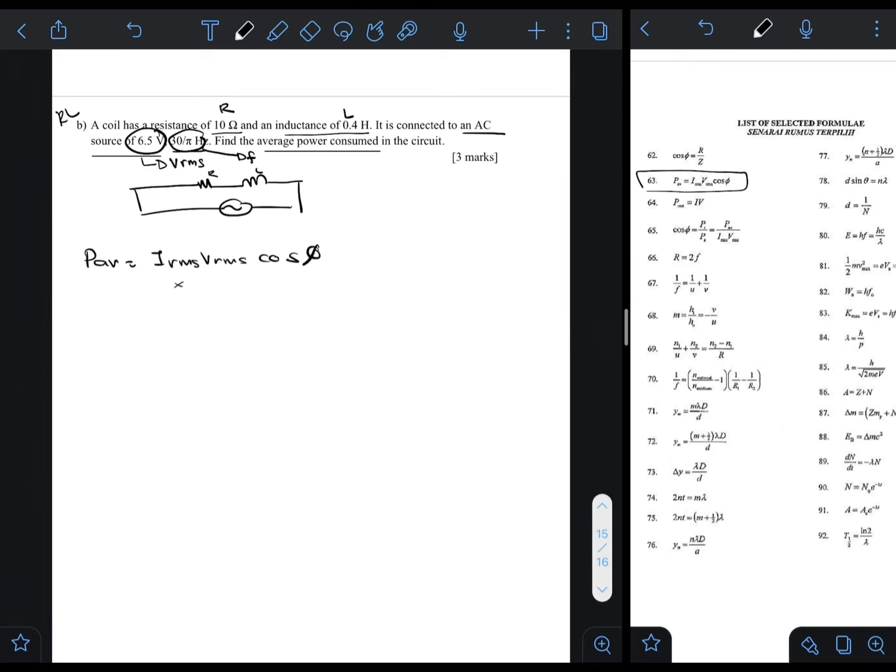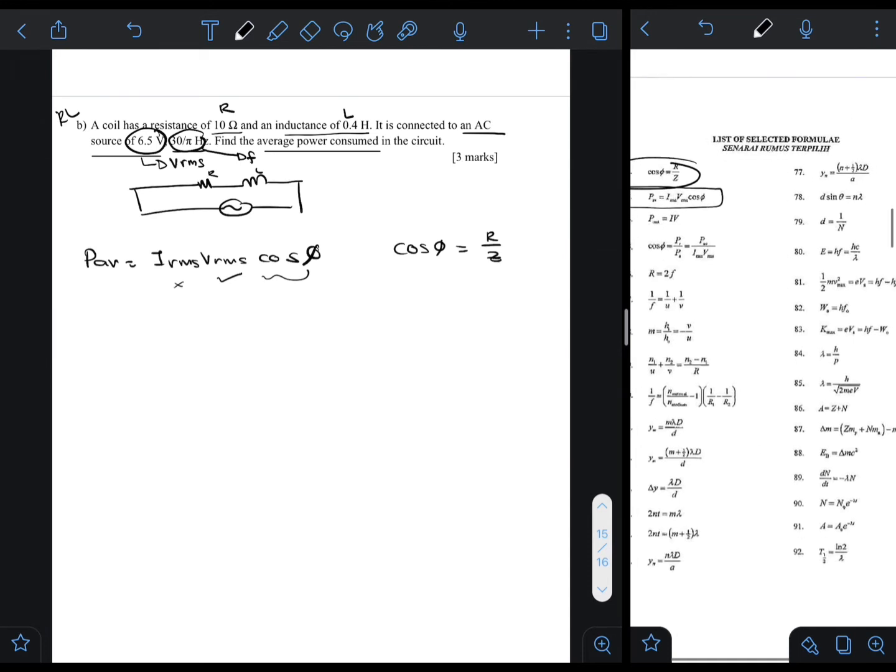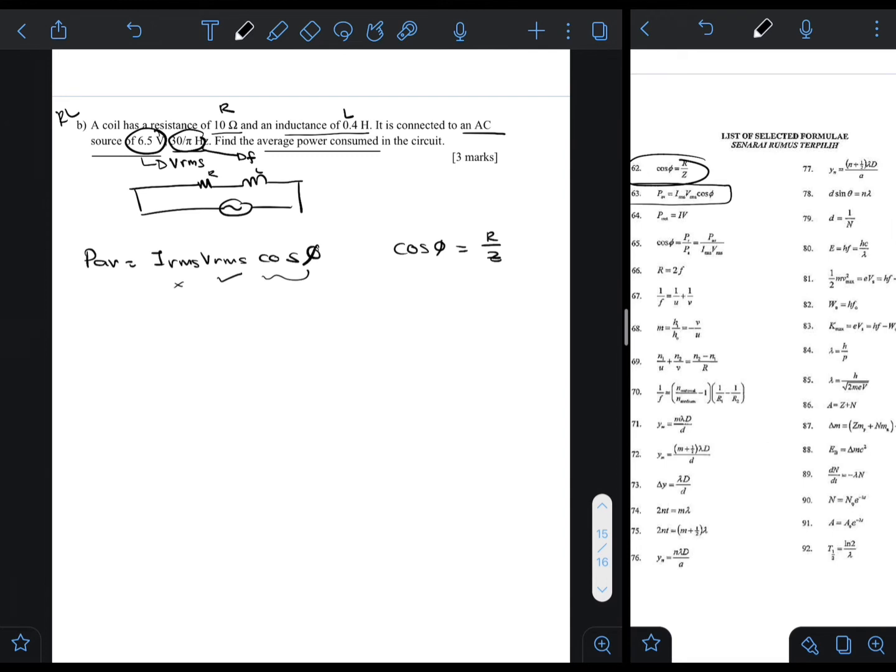Alright, I RMS tak ada, V RMS diberi dalam soalan and cos phi also we do not have. However, cos phi dekat sini is equivalent to R over Z based on the list of formula juga. Cos phi adalah R over Z. So you can find the value of your cos phi if you use R over Z dekat sini lah.